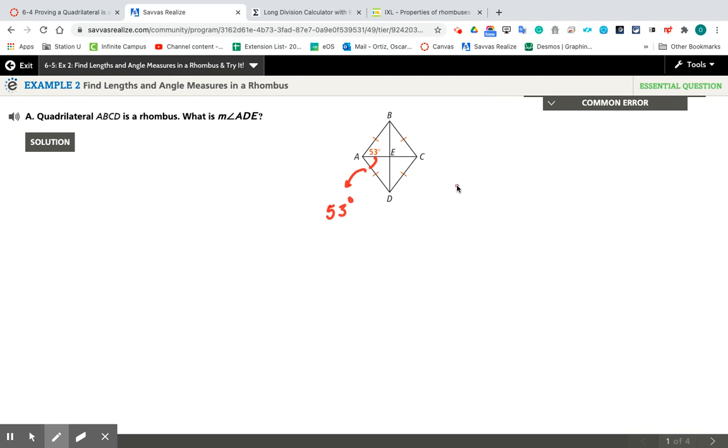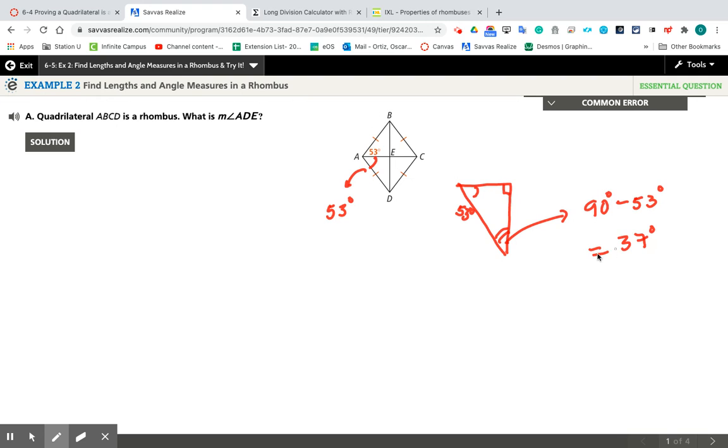And we also know that the triangle AED is a right triangle because those diagonals intersect, forming a 90-degree angle. If we know this is 53, then the two acute angles in a right triangle will add up to 90 degrees. So that means that this here will have to be 90 minus 53, and we know that is 37.